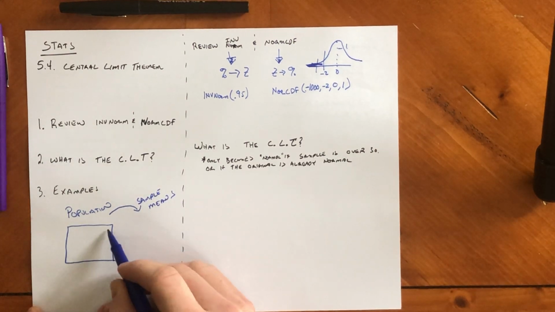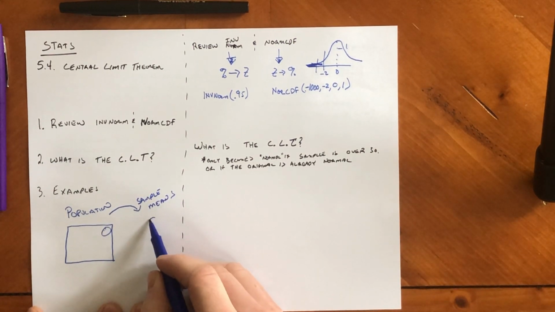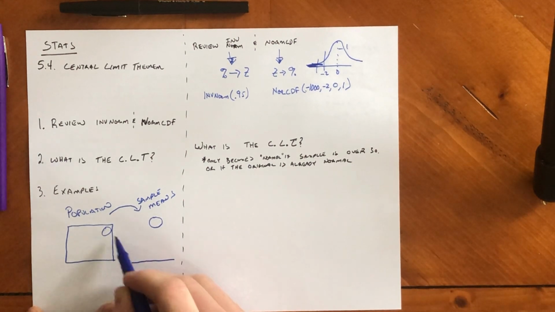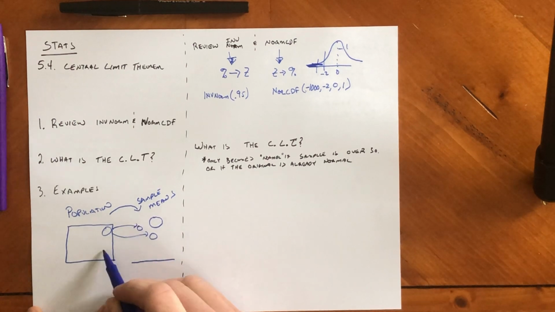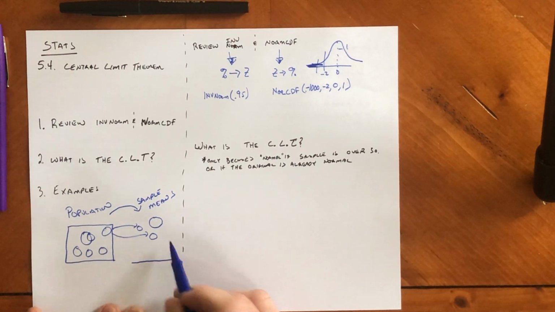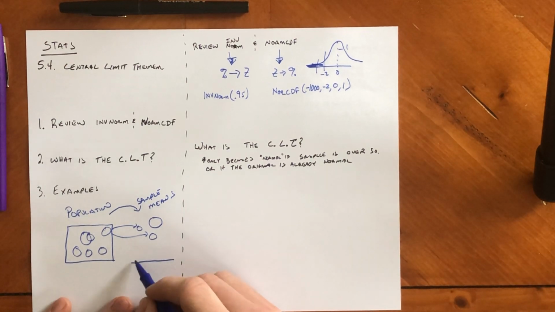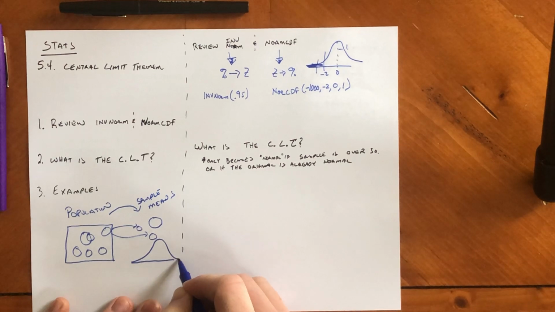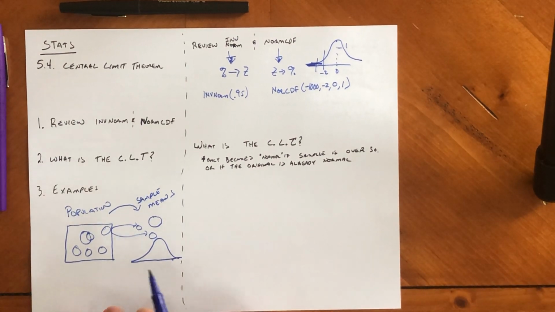so if I take a sample, so let's take this little sample out here, and I find its mean, and I find another sample and I find its mean, and I find another sample and I find its mean. All those means are going to be normally distributed, meaning it doesn't matter what the shape of my original population is.